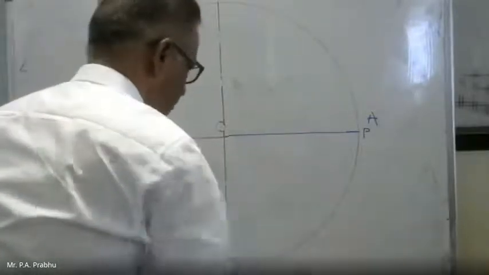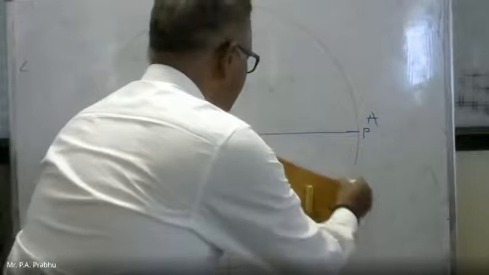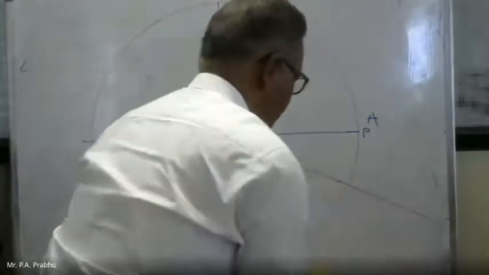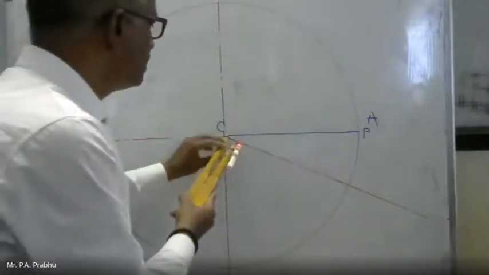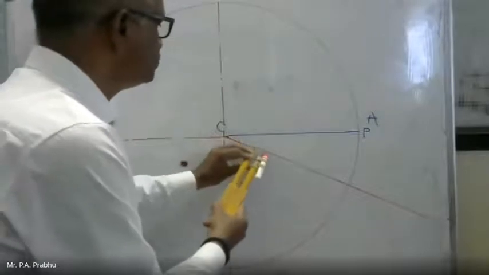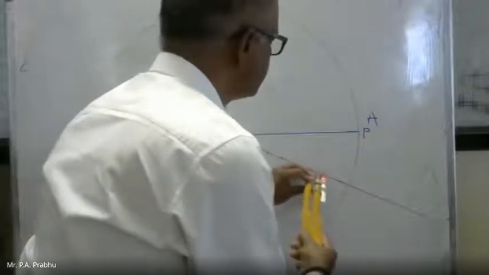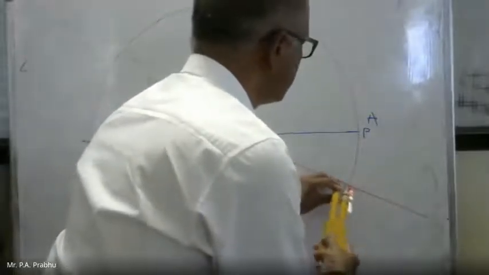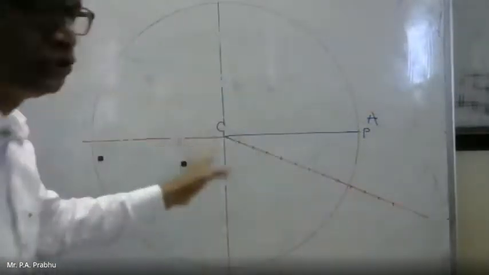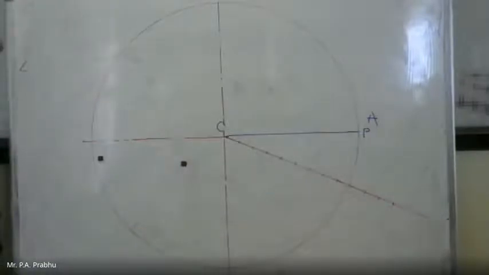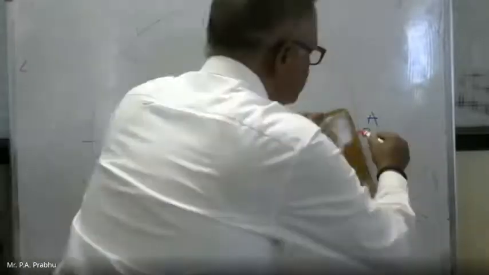How to divide? Use the graphical method. From any end, draw a line, then mark 12 equal parts. So draw a line through one end, mark 12 equal parts, then join the endpoints.